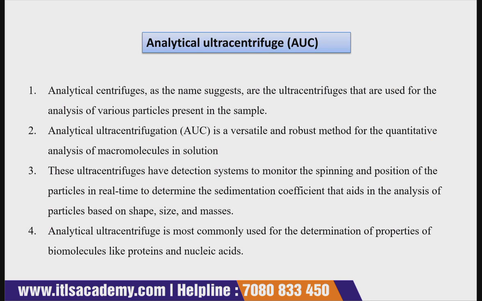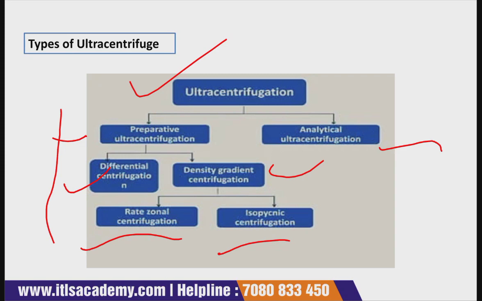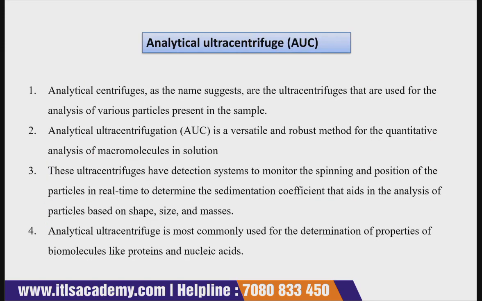Now let's move to the analytical ultracentrifuge. Ultracentrifugation is basically divided into two parts: the first one is the analytical ultracentrifuge and the second is the preparative ultracentrifuge. If we talk about the analytical ultracentrifuge, that is AUC, then analytical centrifuges, as the name suggests, are centrifuges used for the analysis of various particles present in the sample.